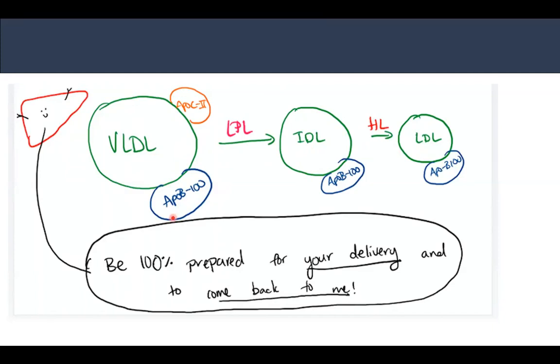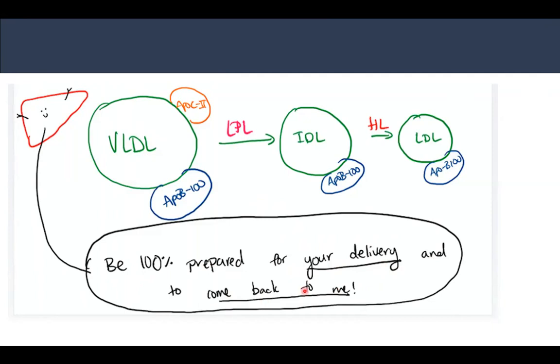The way I want you to remember that is that the liver is saying B100, so ApoB100: be 100% prepared for your delivery. You should remember the function of ApoB100 is for delivering the fats. For VLDL, it's triglycerides. For LDL, it's cholesterol. And also to come back to me. So be 100% prepared for your delivery and to come back to me.